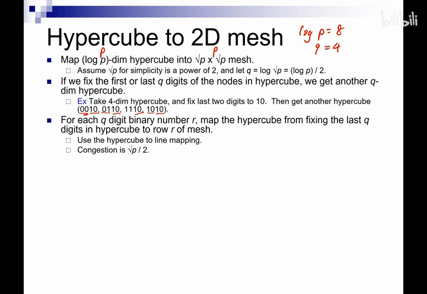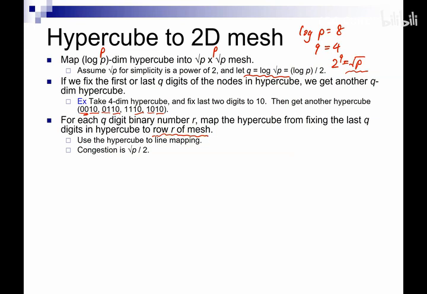The subhypercube has 2 to the q nodes, and 2 to the q is equal to root p. So we're taking a subhypercube of size root p and mapping it onto the root p nodes in this row of the mesh.